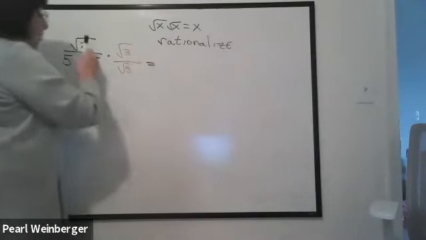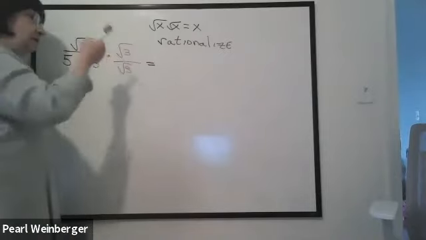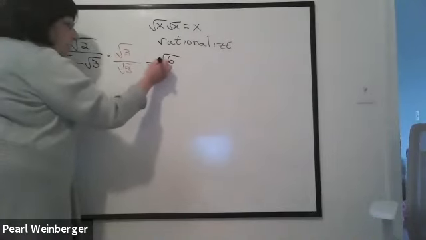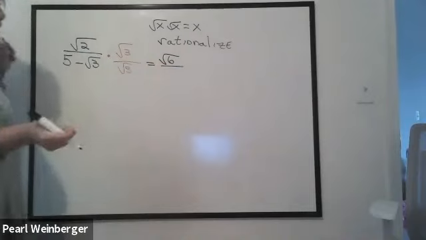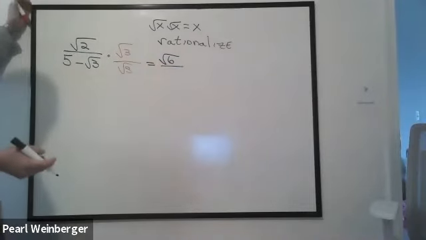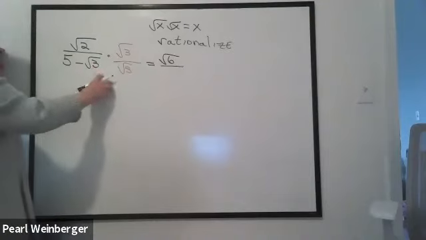In the numerator, I have radical 2 times radical 3. Both the 2 and 3 are inside the radical, so they get multiplied together, and they give me radical 6. And I can't even simplify radical 6 because you can't break it up into numbers, one of them being a perfect square. What happens when I multiply the denominator?